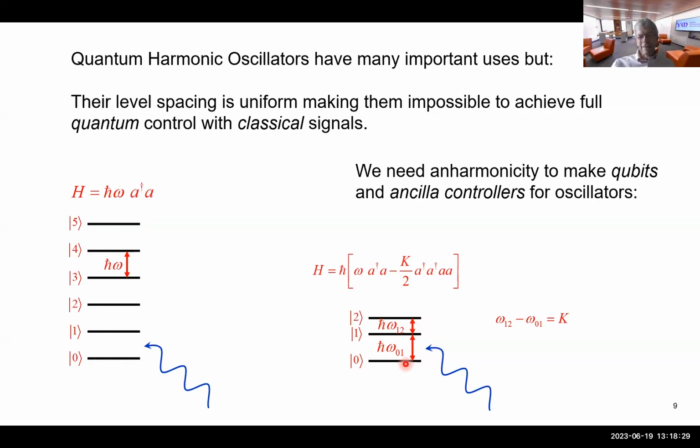And when I send in a classical drive, I'll cause a transition from 0 to 1, but it will be off resonance from 1 to 2. So instead, I will Rabi flop back and forth between 0 and 1, allowing me to treat this as a two-level system, ignoring the higher transitions that are off resonance within a certain approximation. And this will allow me to produce a single excitation here and then transfer it into the oscillator, producing a non-classical state.